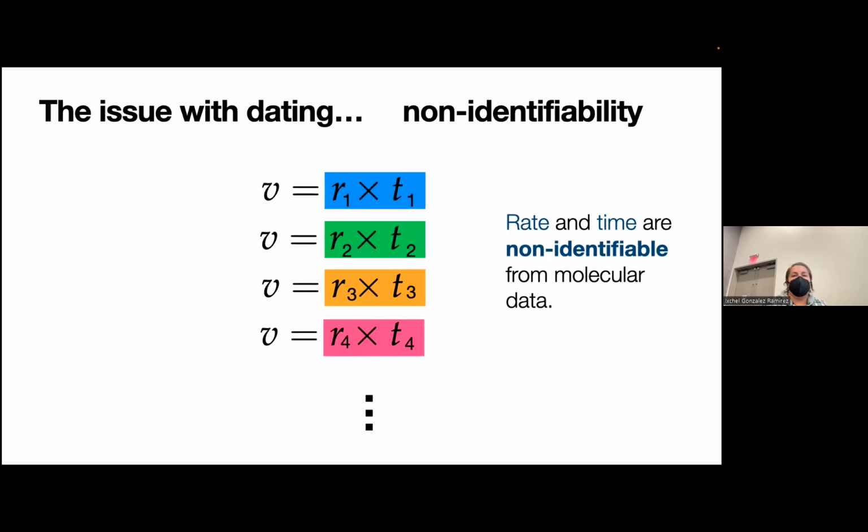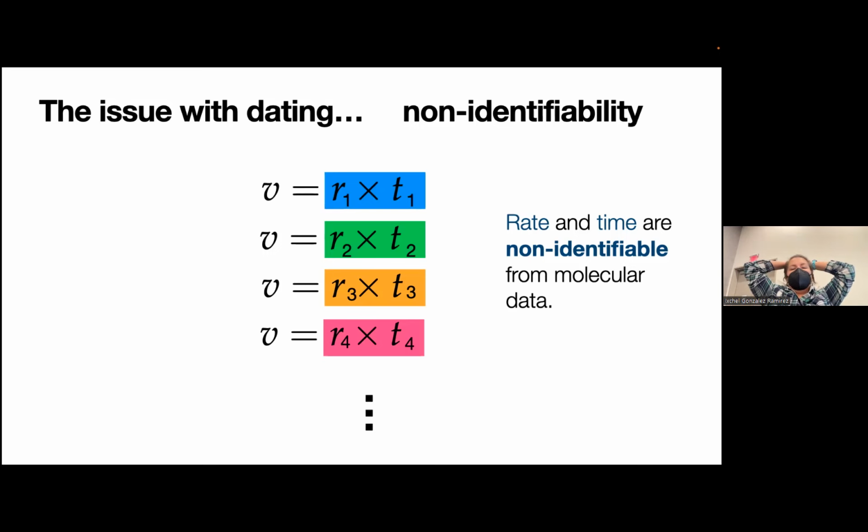Yes, question. When you say substitution, I understand that for protein or DNA a substitution is straightforward. How do you see substitutions in morphological data? It would be the same for morphological data. The question is what a rate means for morphological data, and it's the same: how many morphological changes do I expect in a given branch?